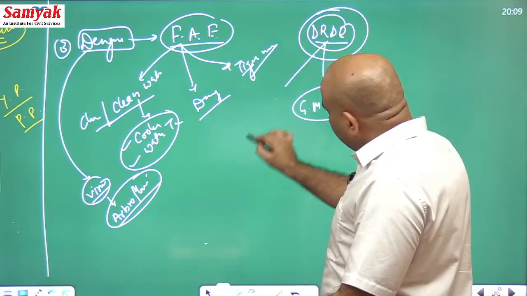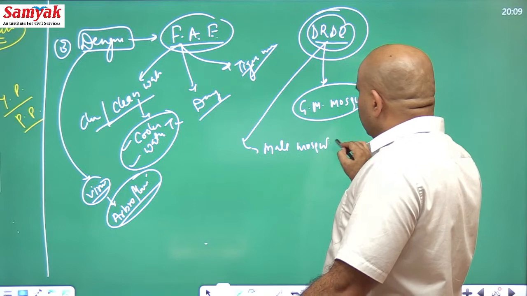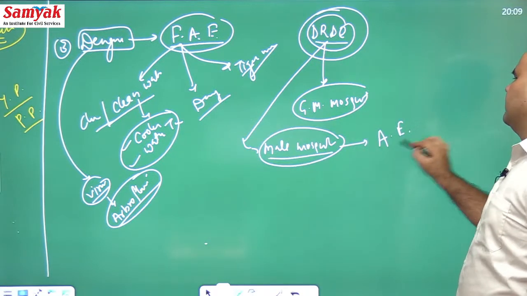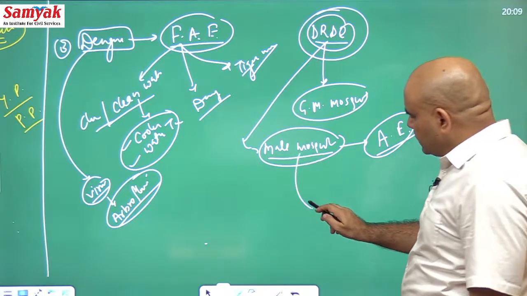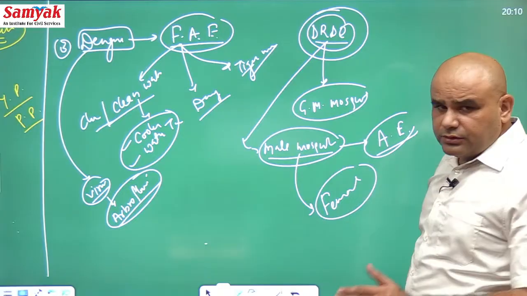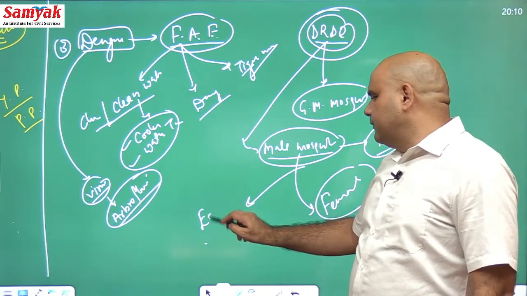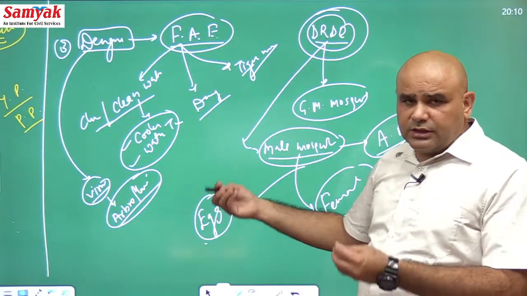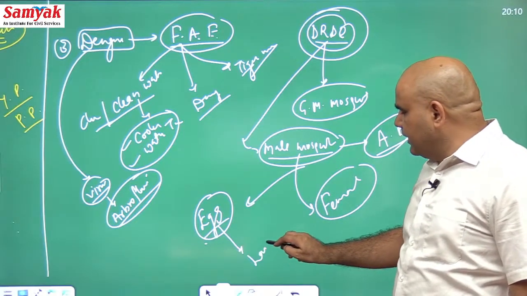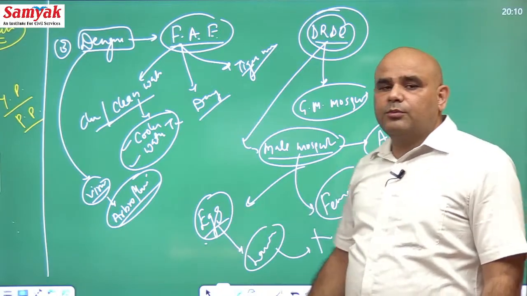DRDO has prepared male Aedes aegypti mosquitoes. These male mosquitoes mate with natural female mosquitoes, and the female lays eggs, which convert into larvae, but these larvae will never develop into mosquitoes.